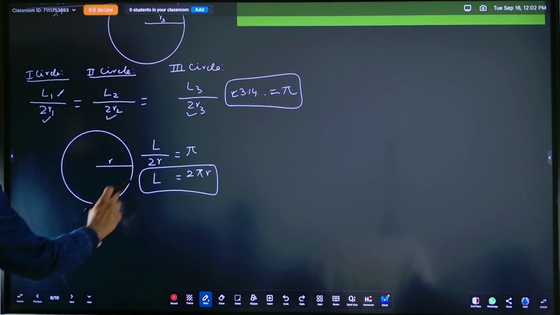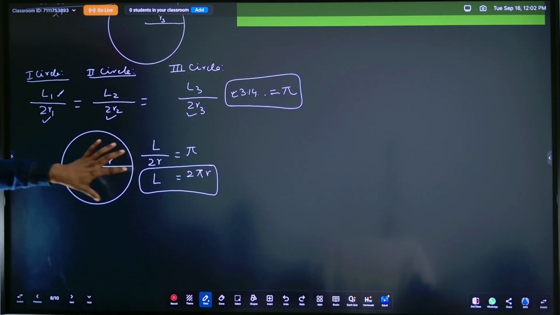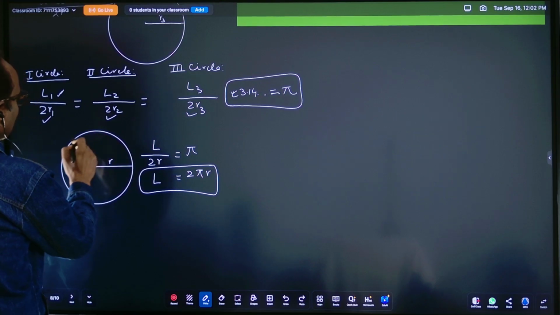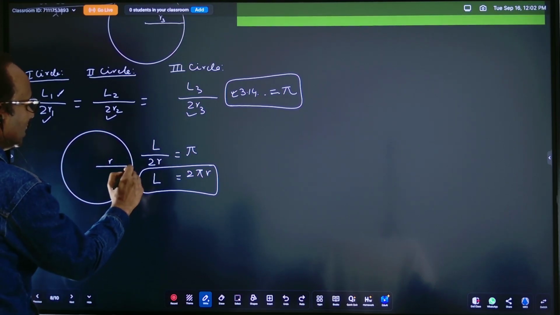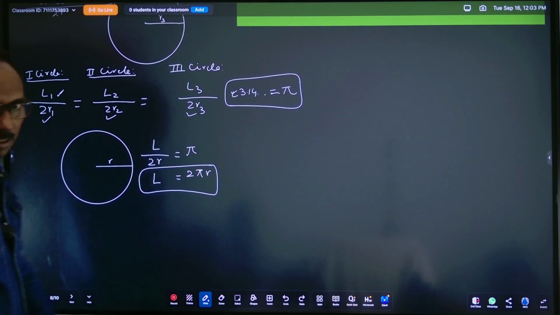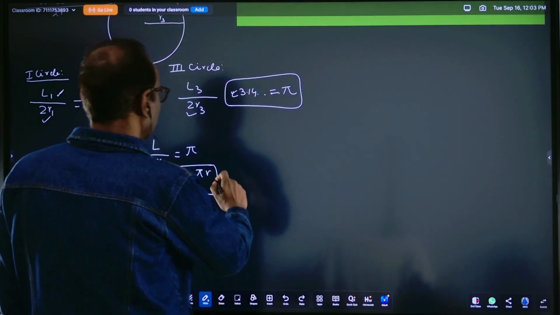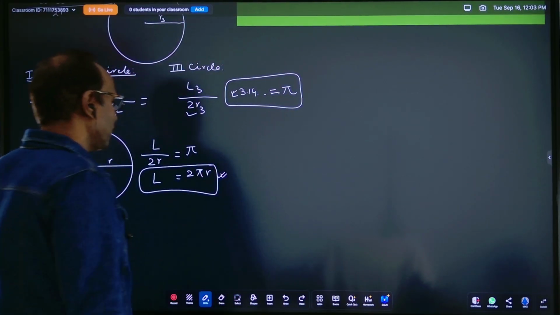So this is the arc for the entire circle, correct? If we take the complete circle, from here coming back to the same point is the biggest arc for the circle, and that arc length is 2 pi r.